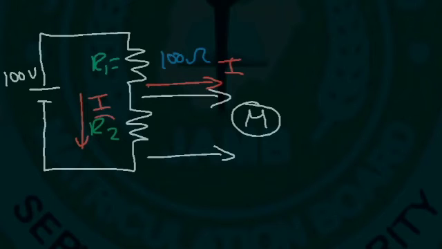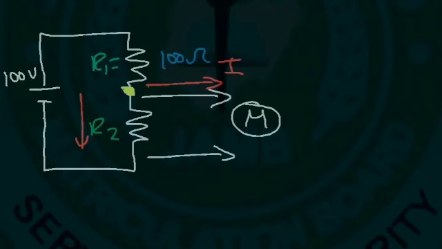So as you increase R2, they want to go this way, so to speak. The current wants to flow in another direction rather than going to a resistor that has a very large value. So anytime you increase R2, you're going to have a buildup of potential at this point, because it's going to be very hard for the electrons to pass through R2.